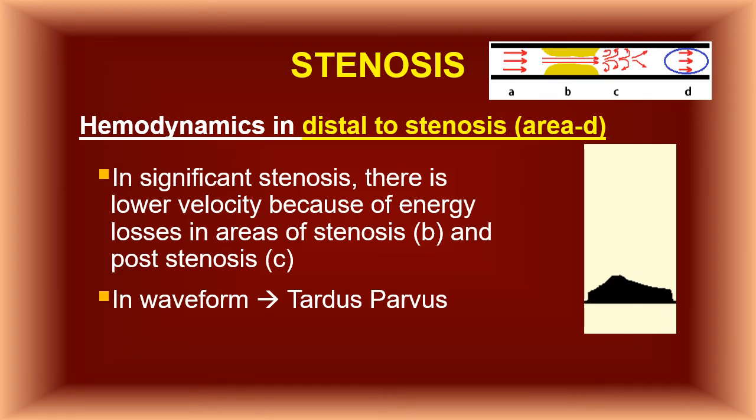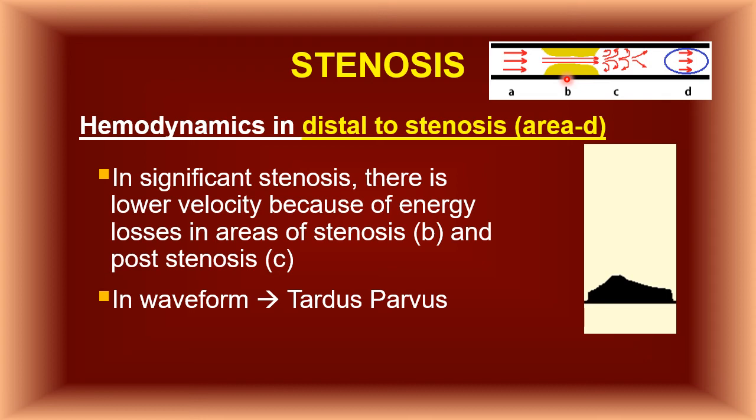So now we come to area D, or the area distal to the stenosis, this part. What will happen here? To understand this, we need to go to the stenotic area. We need to understand that there is a substantial loss of energy. A big part of the energy is consumed here.